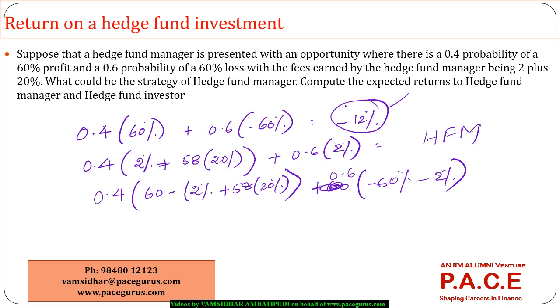And because the expected value is very much positive in the case of the hedge fund manager, that is where he would be tempted to go forward with the investment, so that on average the expected return is still positive for him.